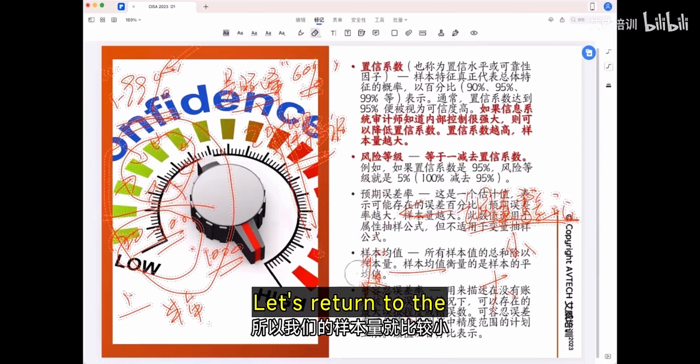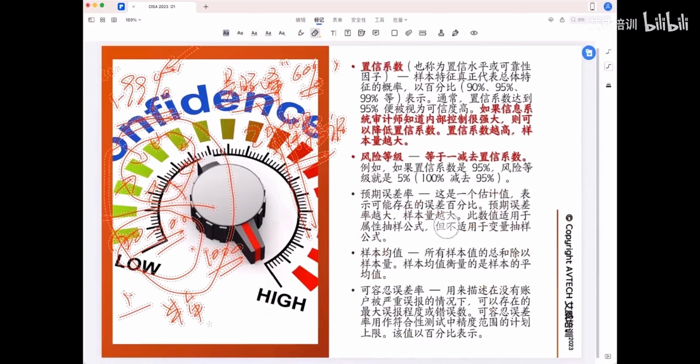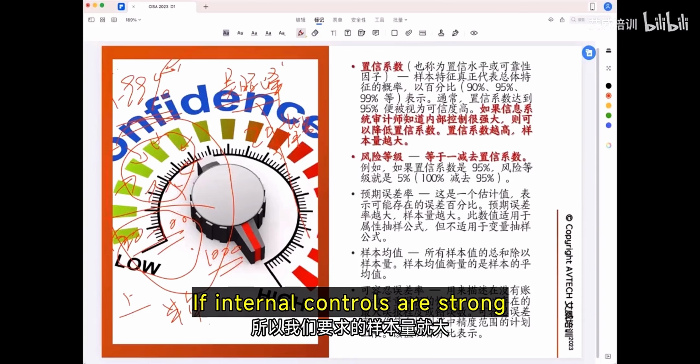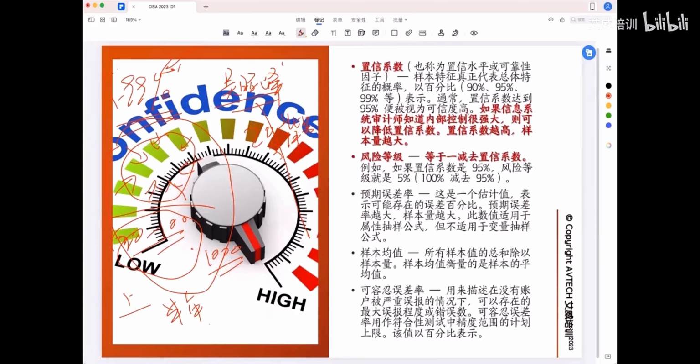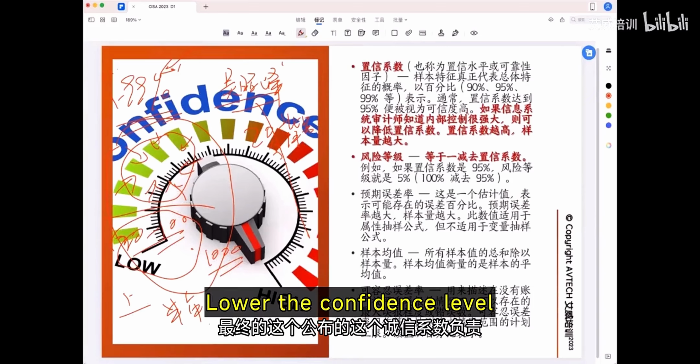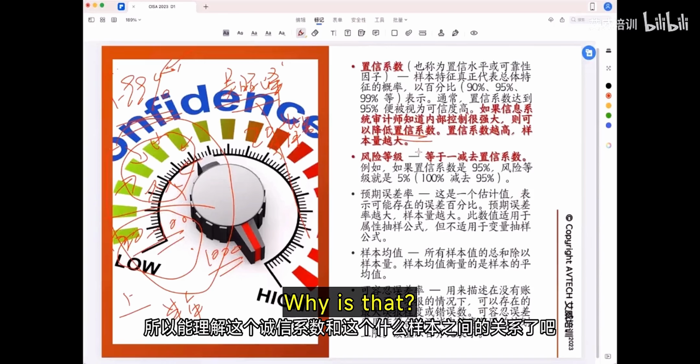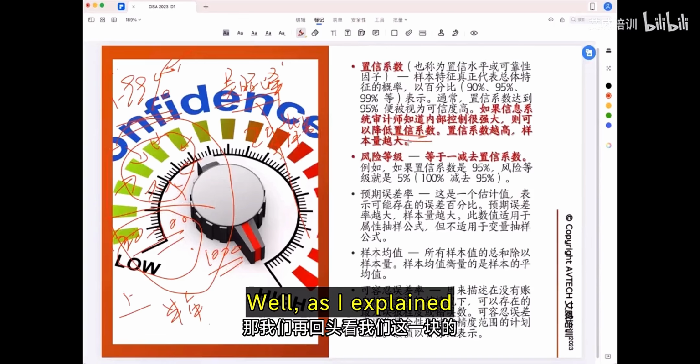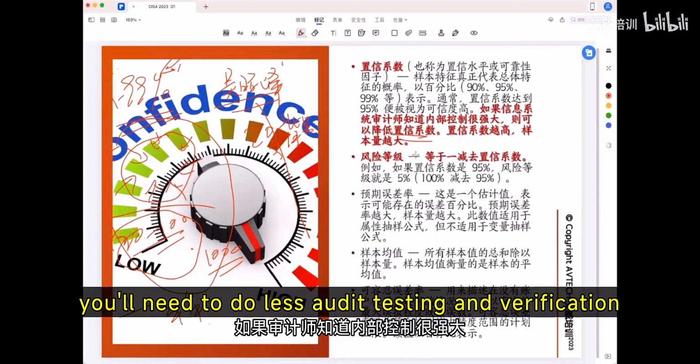Let's return to the formal guidelines. If internal controls are strong and well implemented, what's the next step? Lower the confidence level. Why is that? Well, as I explained, when you lower the confidence level, you'll need to do less audit testing and verification.